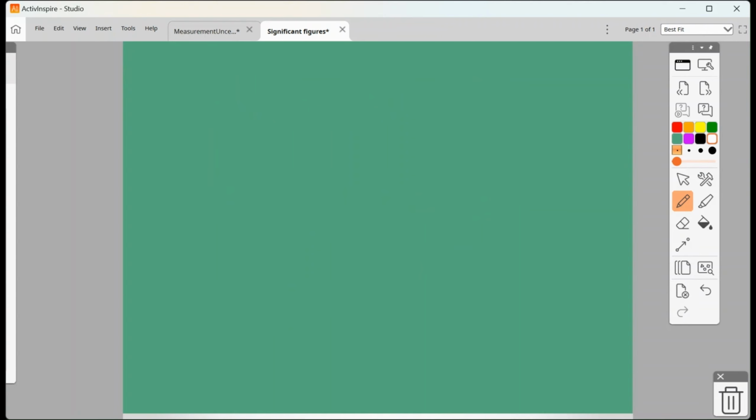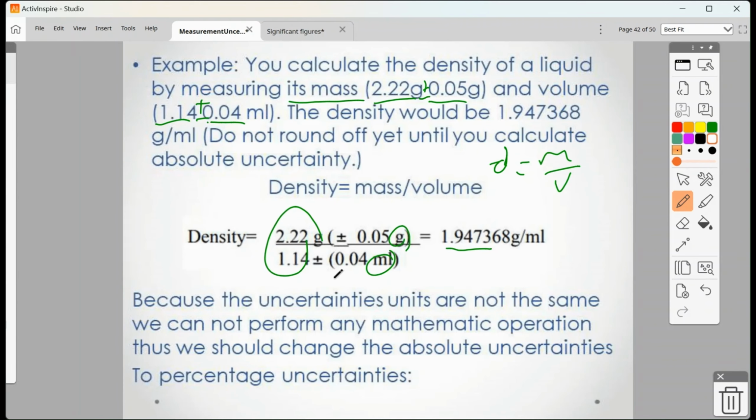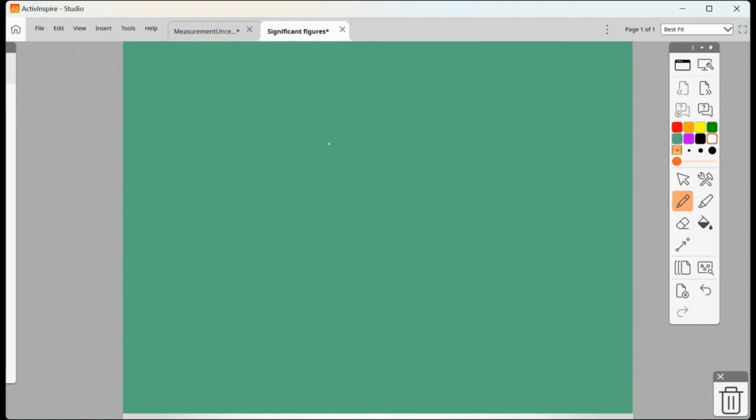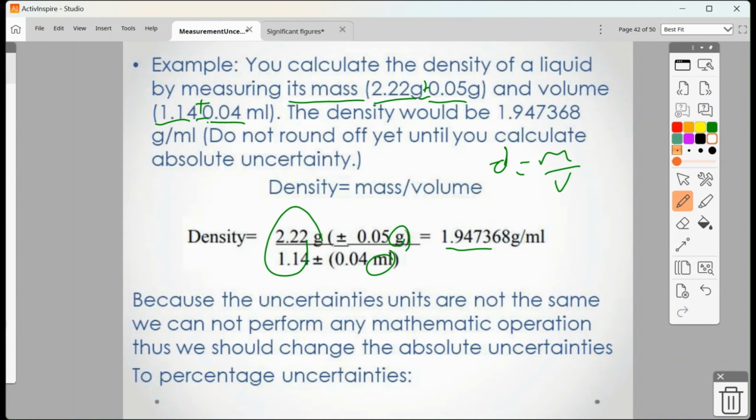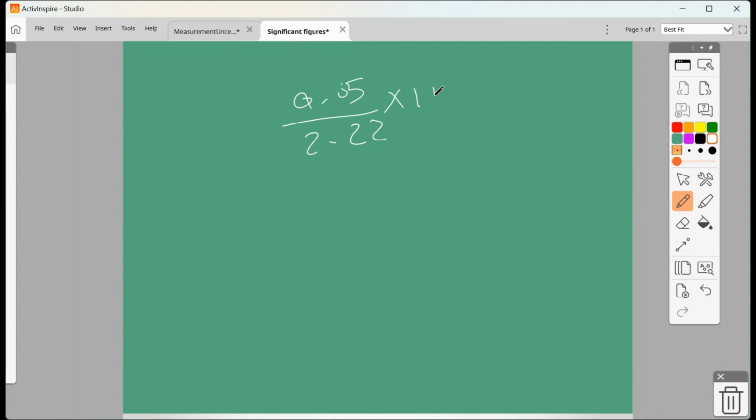I have two uncertainties, 0.05 and 0.04. So 0.05 divided by 2.22, right? Yes, and multiply by 100. So let me use the calculator.